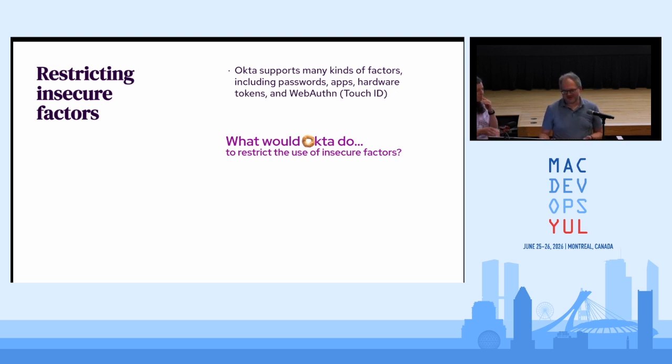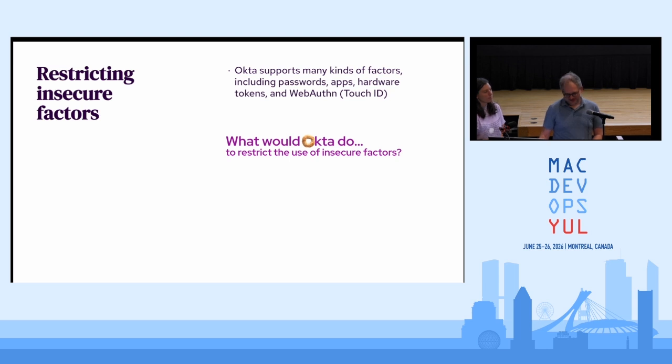We just end up in this world where Okta supports totally different kinds of factors, and there are a lot of mechanisms within Okta to restrict which factors people might use, add additional ones, whether that's enrollment, actual usage, etc.